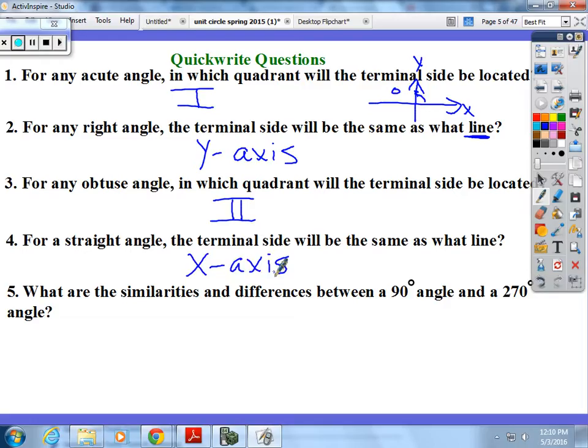Now talking about similarities and differences between 90 degree and 270. Well, a lot of my students say they are both on what axis? They're both on the y-axis, so that's a similarity. They're both 90 degrees. One is positive and the other is negative.